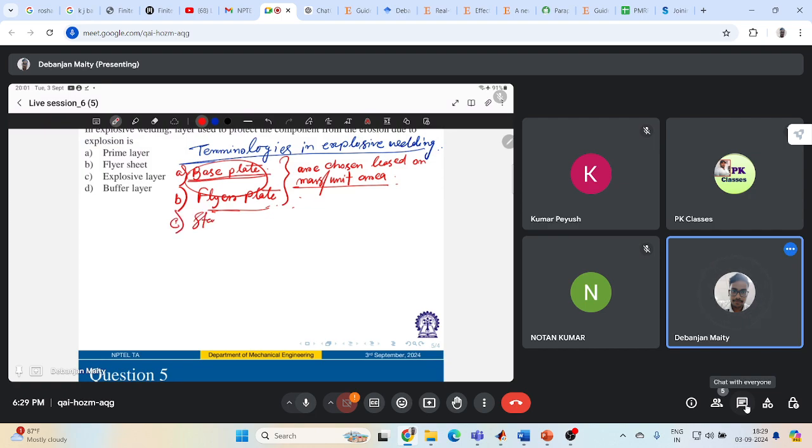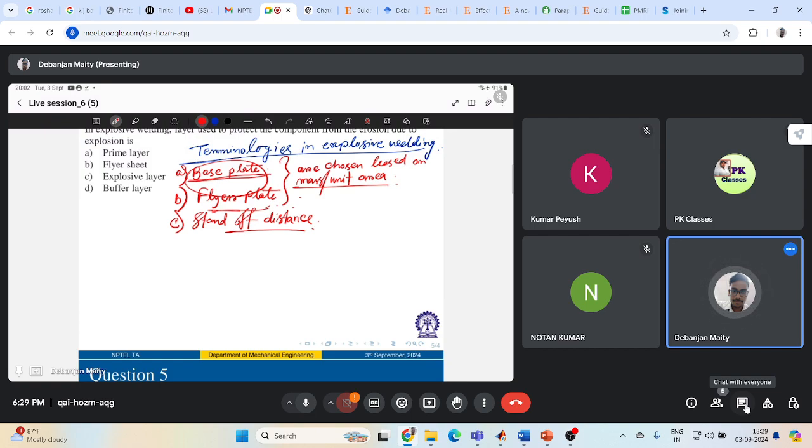Then you will have stand-up distance. What is stand-up distance? This is the one which maintains the distance between flyer plate and the base plate. As simple as that.